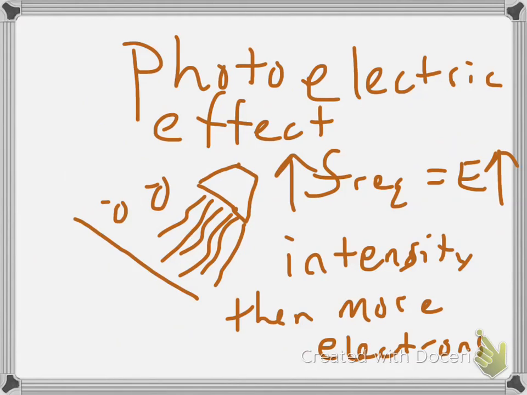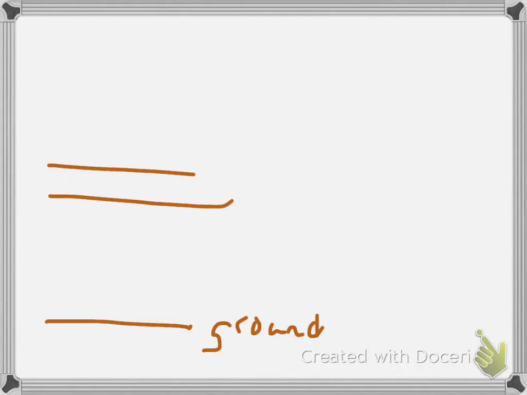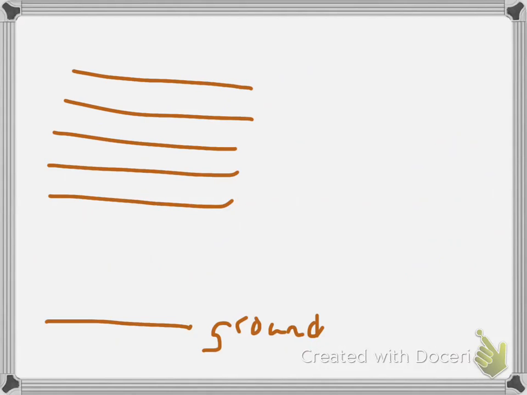Now, if we look at the energy levels, there's two graphs in your reference tables that deal with the energy levels, one for hydrogen, one for mercury. And they have their ground state, and then there's levels all the way up, and they get pretty tight at the top until you get to the ionization. Okay?